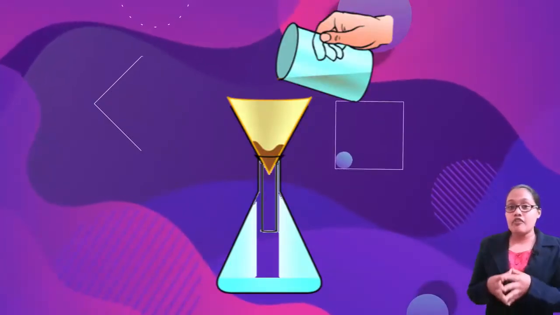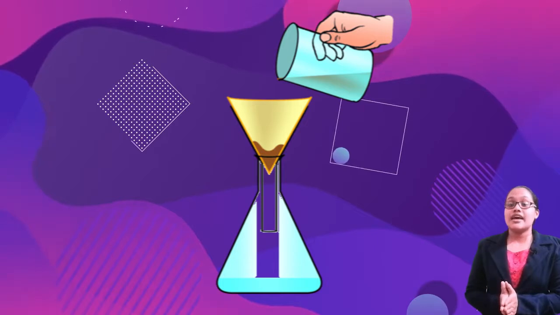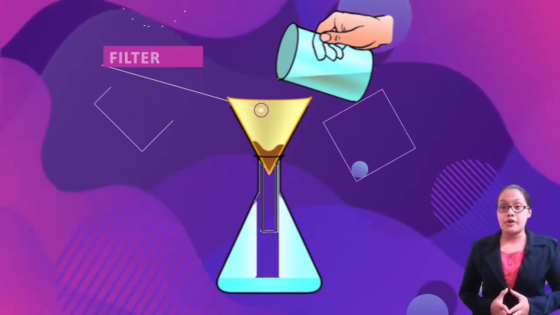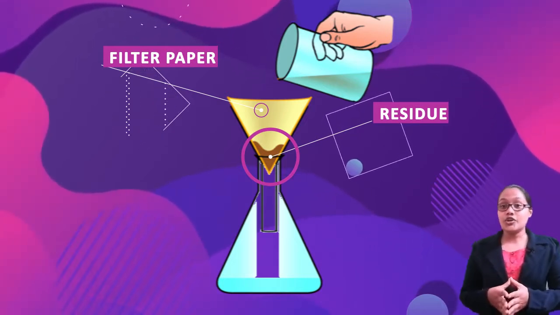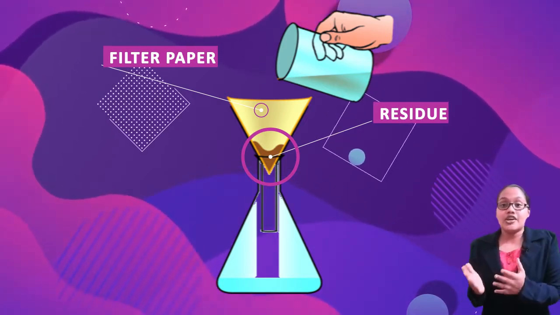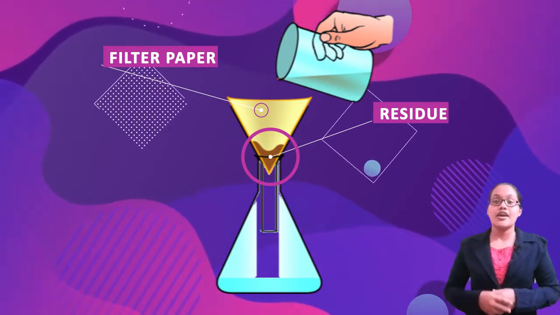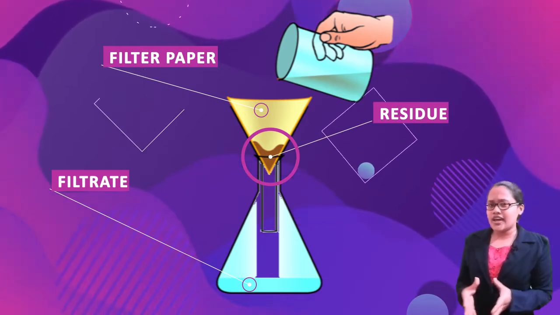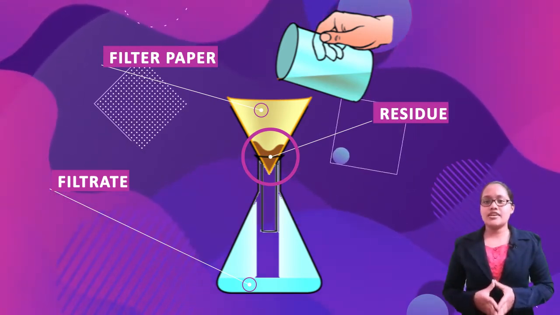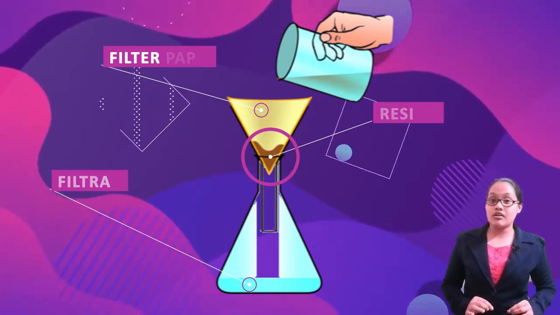The leftover solid substance that remains in the filter paper is called the residue, and the liquid that we obtain after the filtration is called the filtrate. So, filtration is the process of separation of insoluble solids from a liquid.